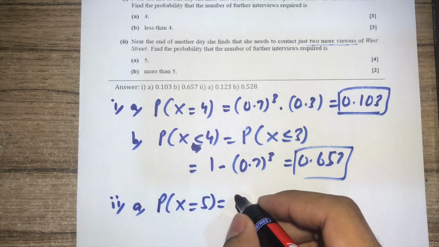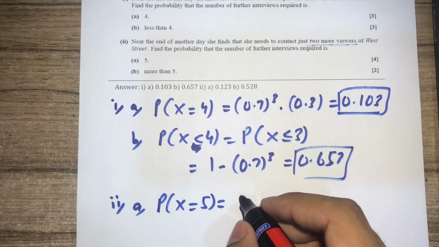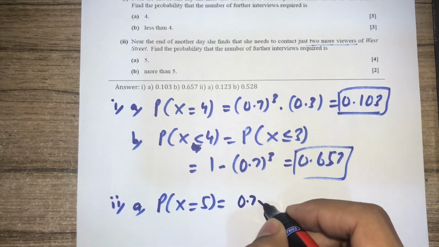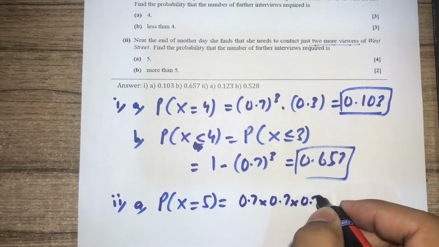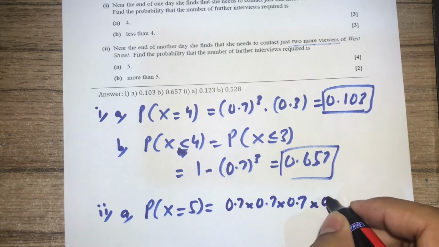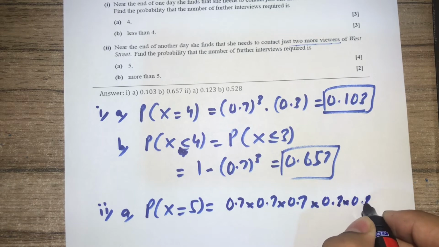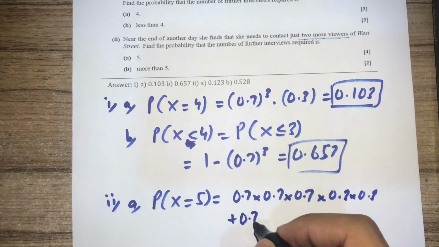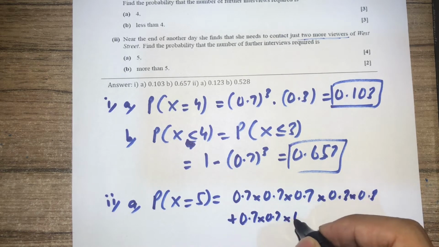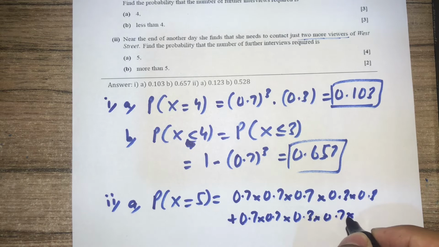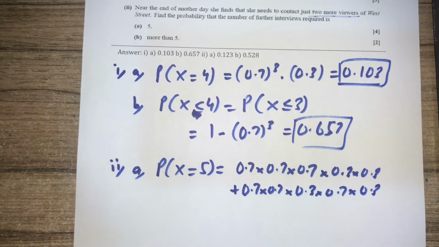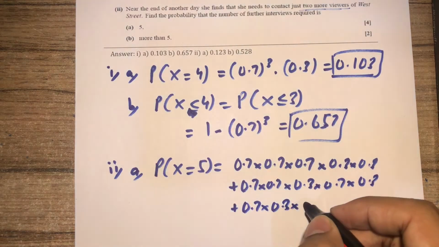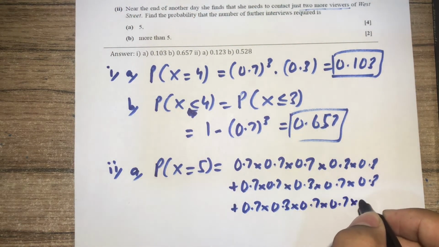So for example, one possibility would be that on the first try she does not get a viewer, second try she does not get a viewer, third try she does not get a viewer, on the 4th try she gets a viewer, and then on the 5th try she gets a viewer, right? Plus it could be that first, second are failures, then she gets a viewer, then again a failure, and then she gets a viewer. Then there is first a failure, then she gets a viewer, then 2 failures, and then a success.